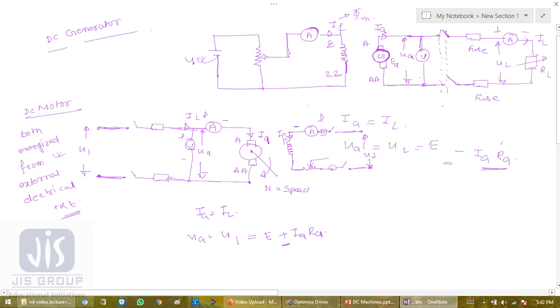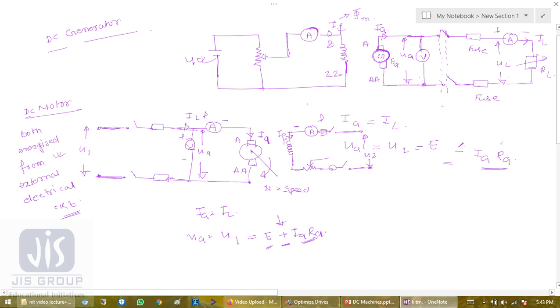Look, it was minus for the generator and it is plus for the motor, because when acting as a generator, there is a loss in the armature, that is a drop due to the armature resistance, which we have to subtract from the generated voltage or induced EMF. But now the current is getting inside, the polarity got changed, so it is now additive polarity. So now the induced EMF is added to the armature voltage drop. You should always keep that in mind.